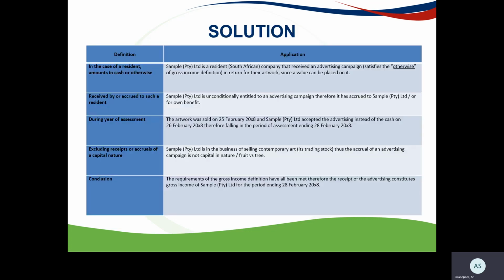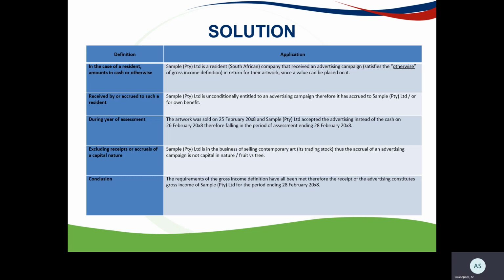So the solution there, you see, you break up your answer into the components. So it's in the case of a resident, the amount in cash or otherwise, and then you apply the question to your answer. Sample is a resident company, and there was an amount received otherwise than in cash.